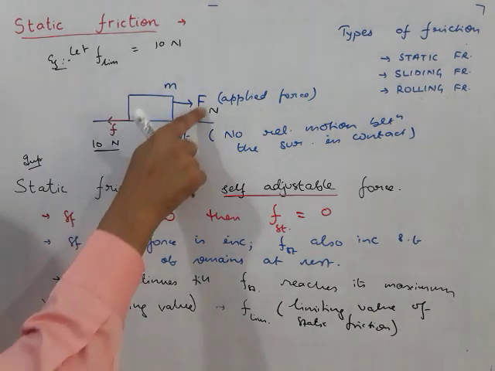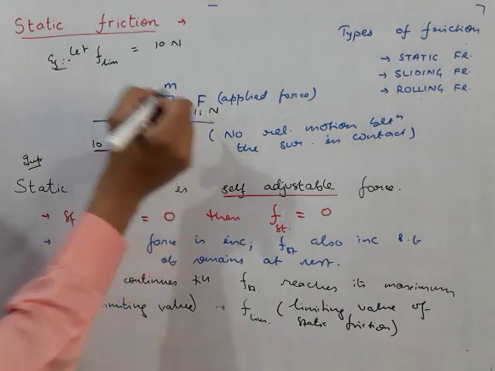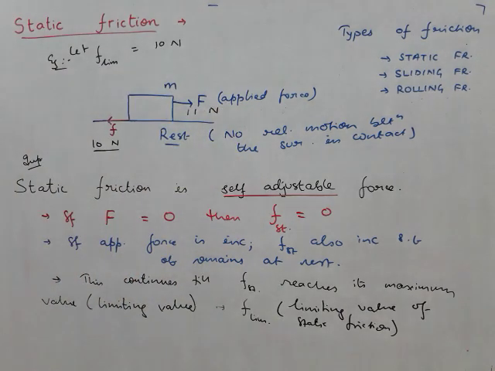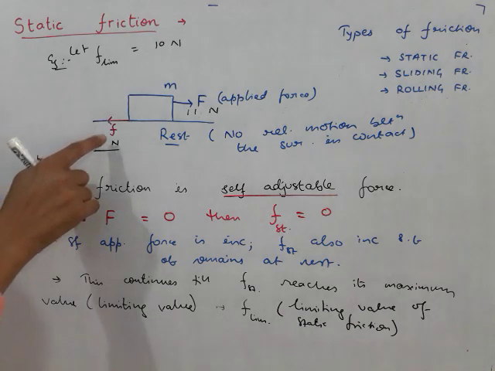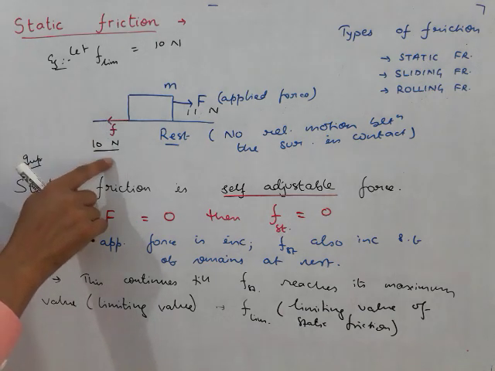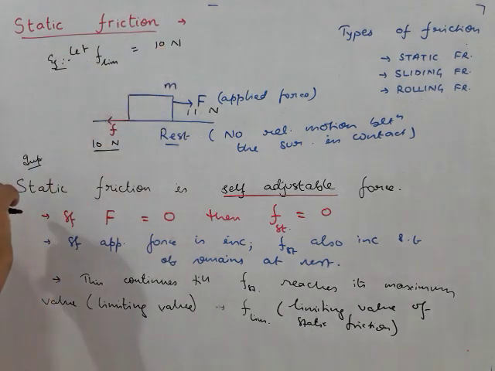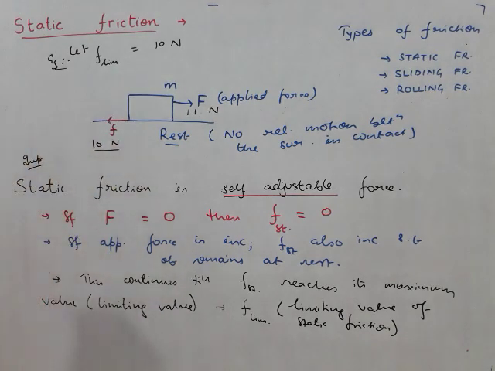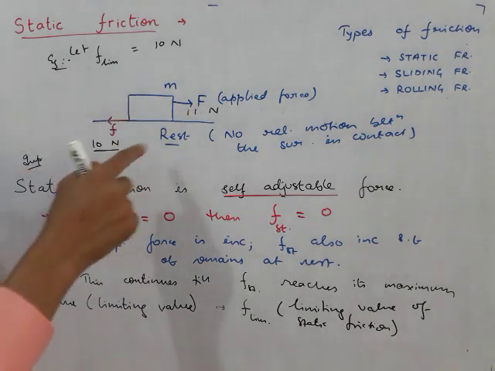Now suppose I apply a force of 11 Newton. Then do you think static friction will become 11 Newton? No, because I have told you the limiting value is how much? 10 Newton only. So it will remain 10 Newton. Now what will happen? There is a force of 11 Newton towards the right and a force of 10 Newton towards the left. Which is greater?